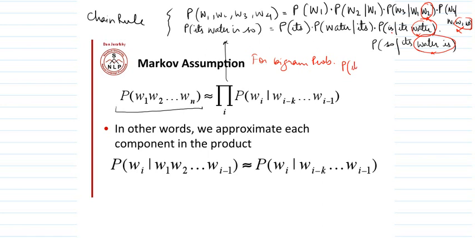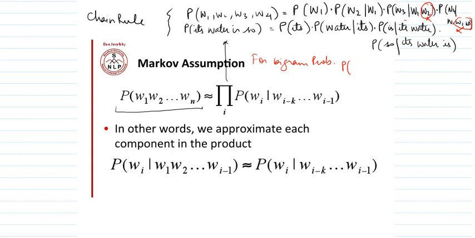P of its, P of water given its, P of is given its, water given its. A little mistake is here again. Water will not be eliminated because it is not close to its.